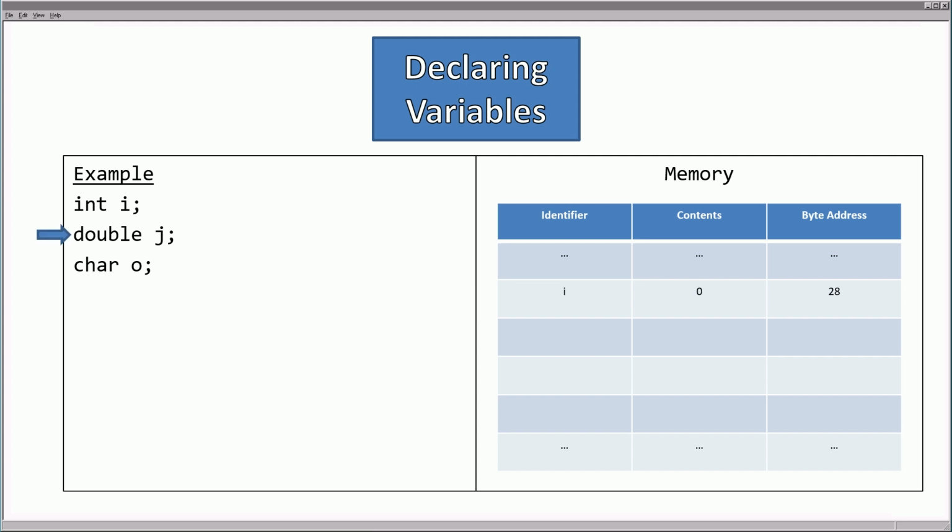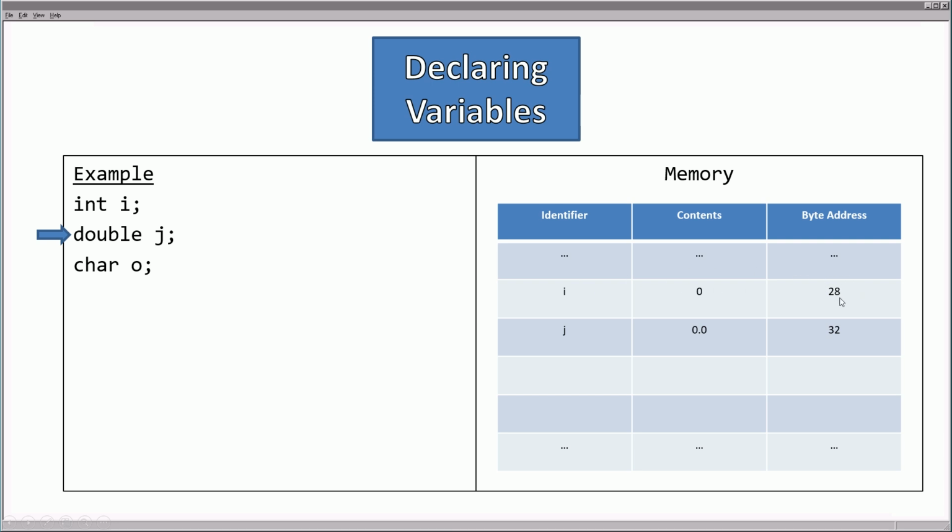Now, if we're going to declare another type of variable, j, then what we do is the same thing. The identifier is stored here, its contents are set to 0, and also notice we did include the decimal point here, and now its byte address is at 32. Now the reason why we're pointing this out is if we start at this byte address 28, we know that integers are 4 bytes in memory.